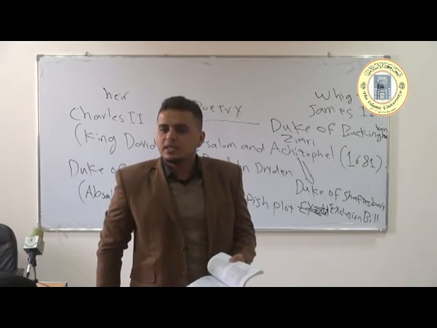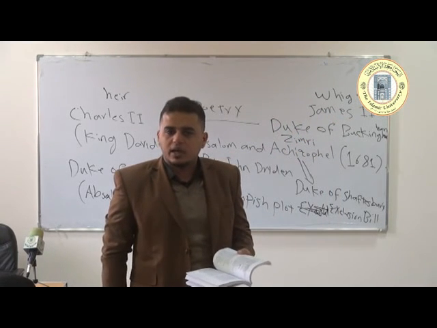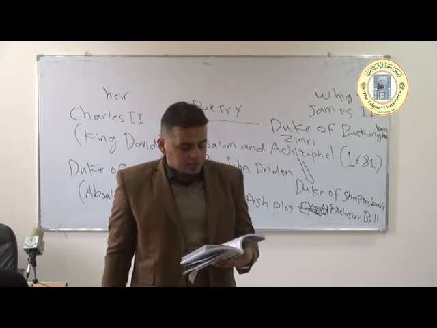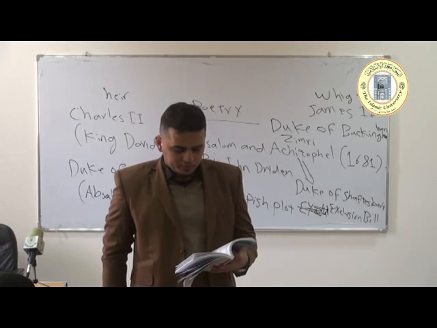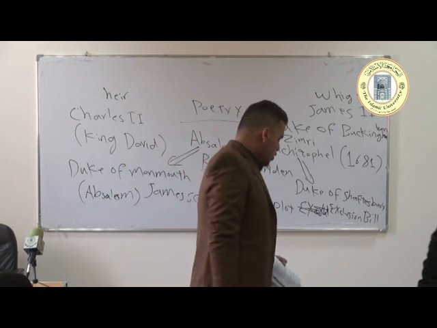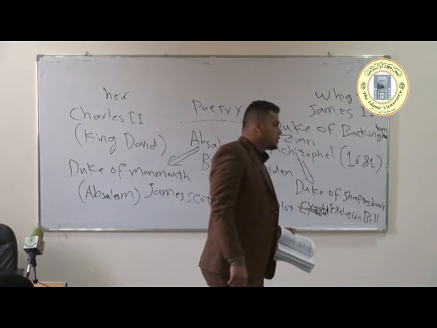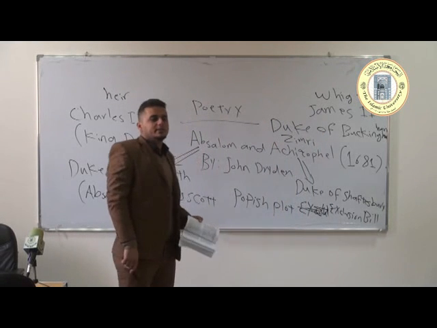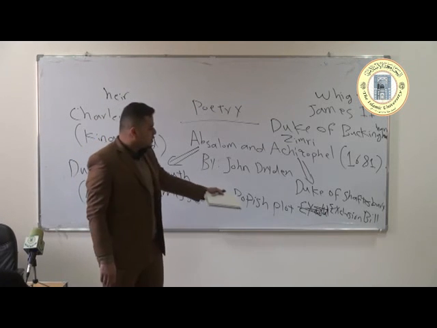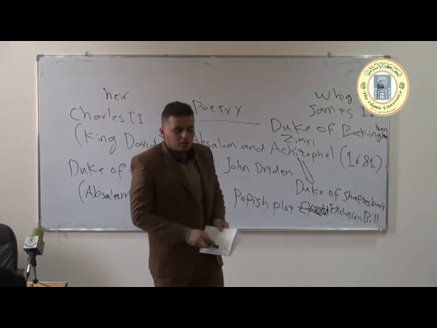He is one of the founders of the Whigs party. But he couldn't be the chief. Who were the chiefs of this party? Duke of Monmouth and Duke of Shaftesbury.